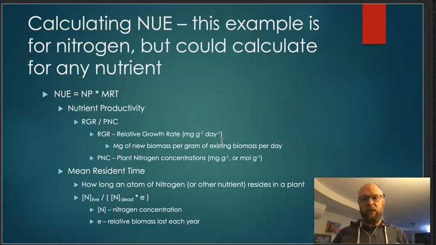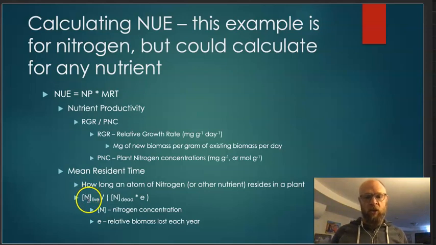Then the mean residence time tells you how long an individual atom stays in that plant. The way you would calculate this is shown in the second bullet point under mean residence time. When I've got nitrogen in the square brackets, that means nitrogen concentration.